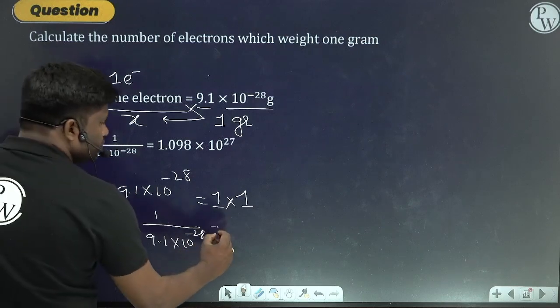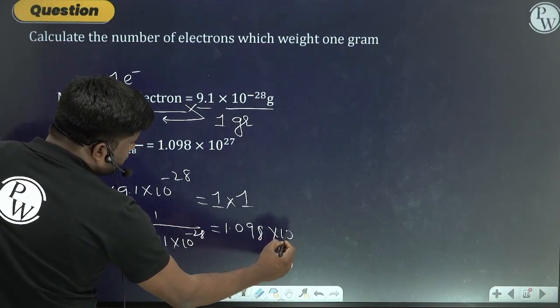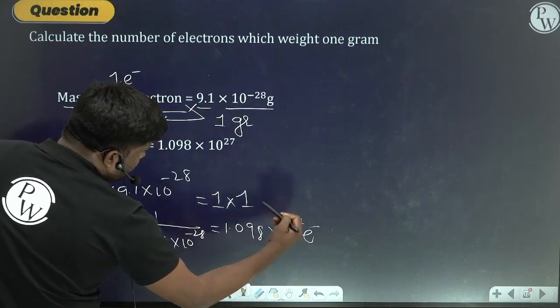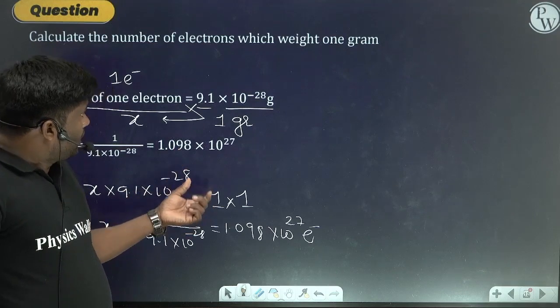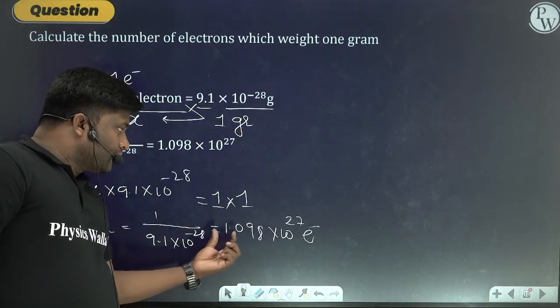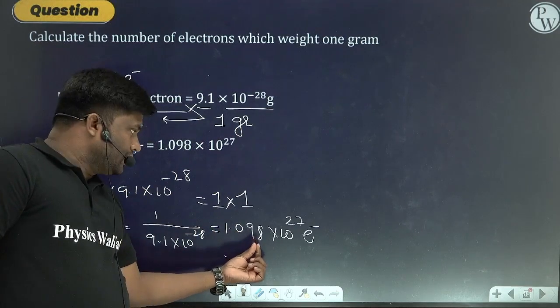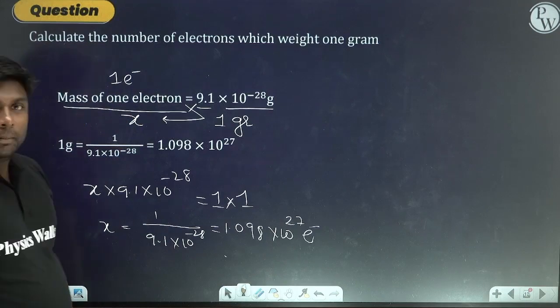This is equal to how much? 1.098 into 10 to the power 27 electrons. In 1 gram of electrons, how many electrons are there? 1.098 into 10 to the power 27 number of electrons are present.